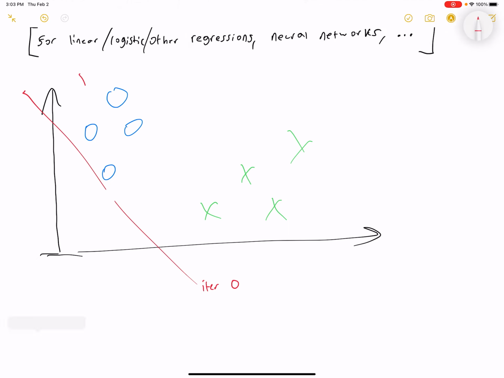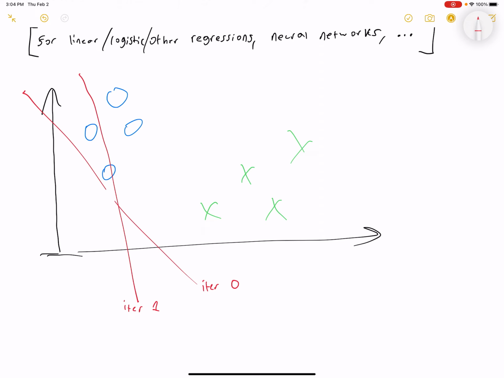And we update the parameters, and now in iteration 1, we get that line of separation, which does better. It's classifying some of the blue points correctly, all of the green points correctly, but it's also misclassifying some of the blue points. So we try again.